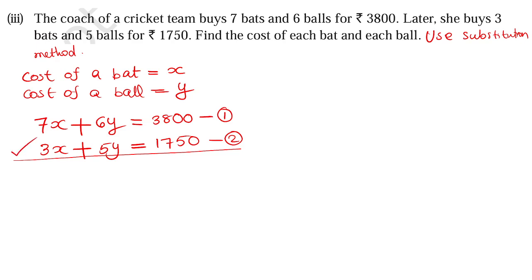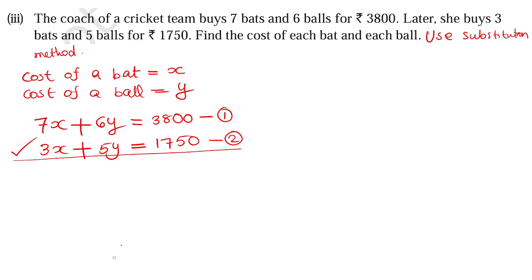Let me select the second equation, because compared to the first equation, the numbers are smaller. So from the selected equation you have to convert it as either X equal to or Y equal to. I will explain that. It's very simple.